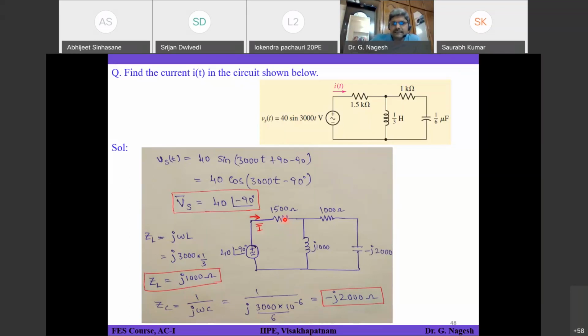Anyway, let's see how to proceed. First you have to add this 1000 and minus j 1000. So 1000 minus j 2000 is your series combination, which you have to put in parallel with j 1000. So Z1 Z2 by Z1 plus Z2 you have to do. Then you should add 1500 to the real term.